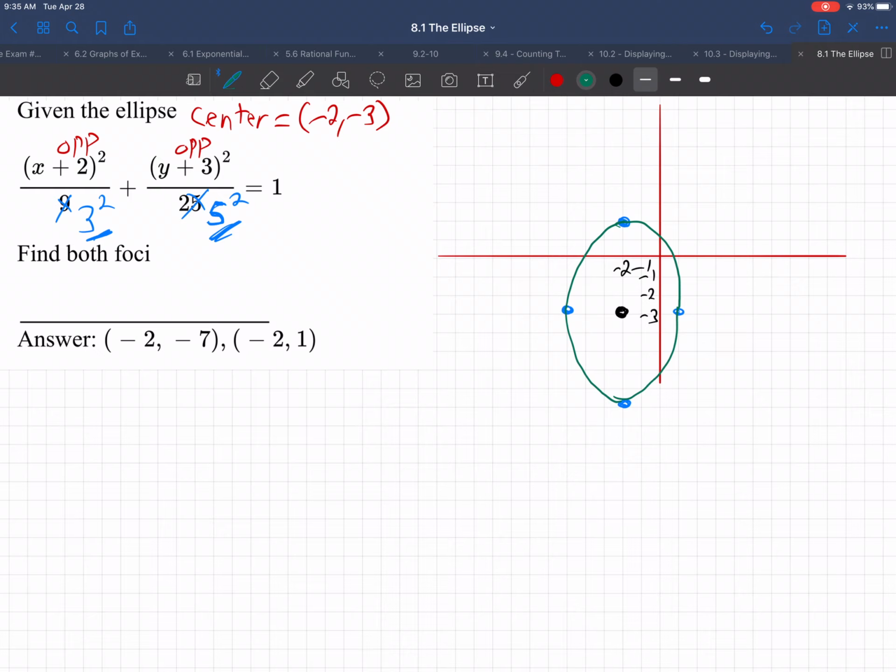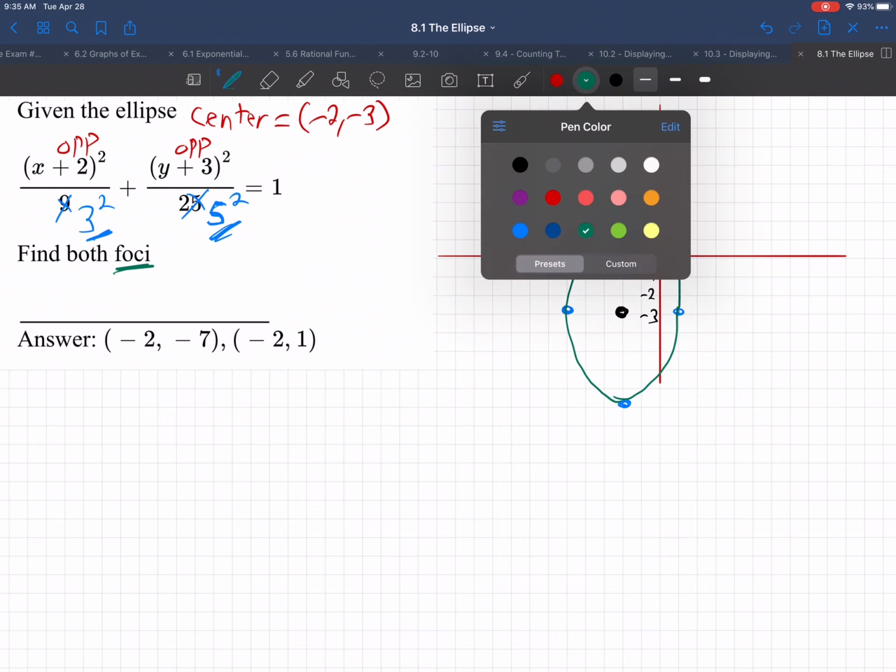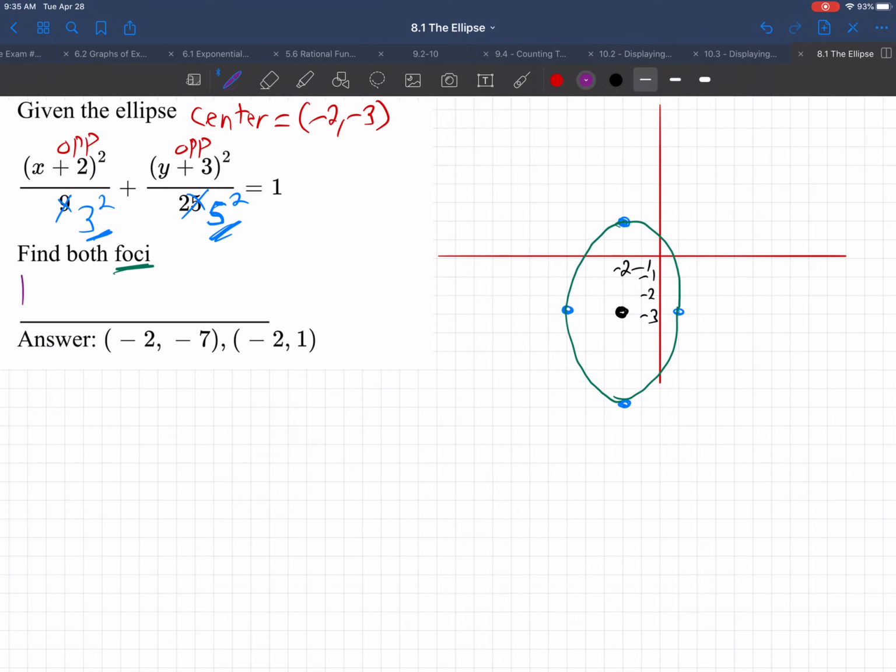Okay, so now that we have the ellipse, let's find the foci, which is the plural for focus points. So where are we going to find the focus points? The foci always sit on the major axis. Major meaning larger, the larger axis.